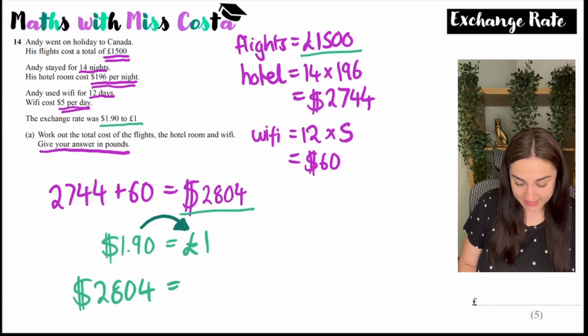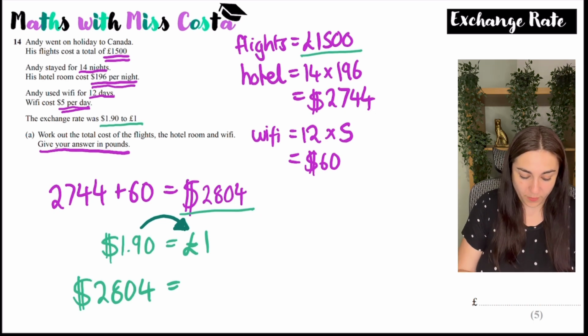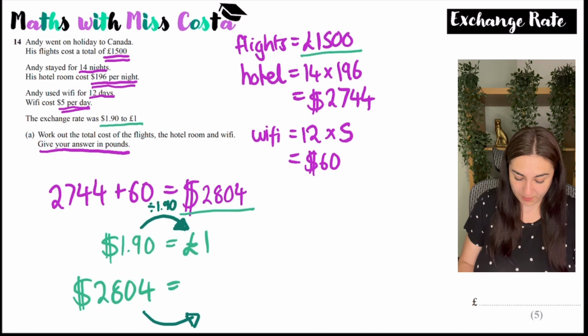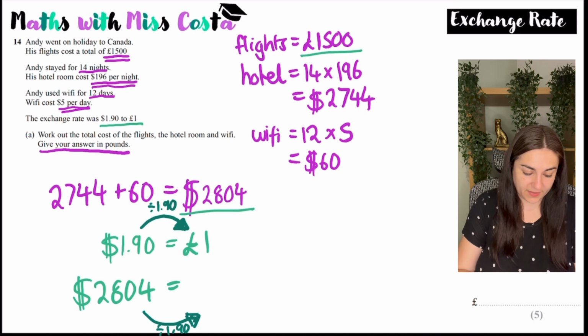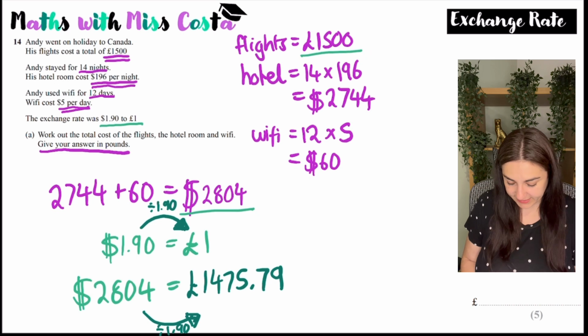So to get from $1.9 to 1, 1.9 divided by 1.9 gives you 1. So you know you divide by 1.9 to get to £1. So I'm going to do 2,804 divided by 1.9, which is £1,475.78. Let's round it to 79.